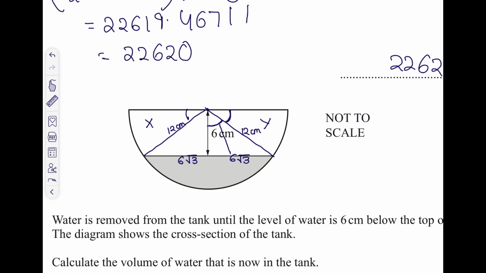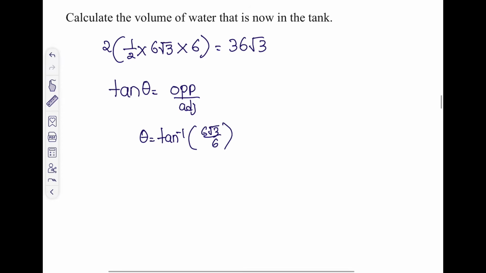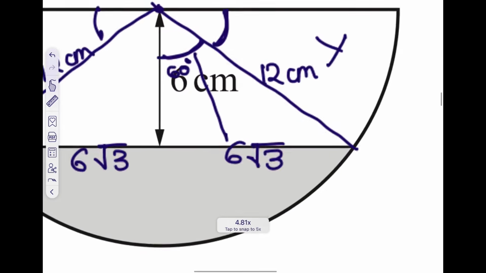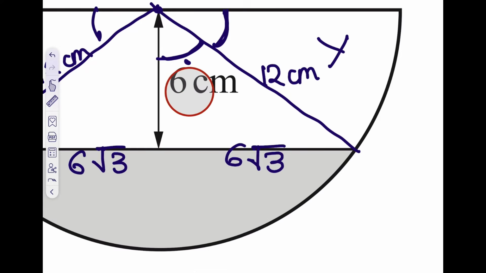Yep, 6 root 3 over 6, indeed. So tan inverse of 6 root 3 divided by 6 gives me 60 degrees. If this part is 60 degrees and the whole thing was 90, then this part must be 30 degrees.